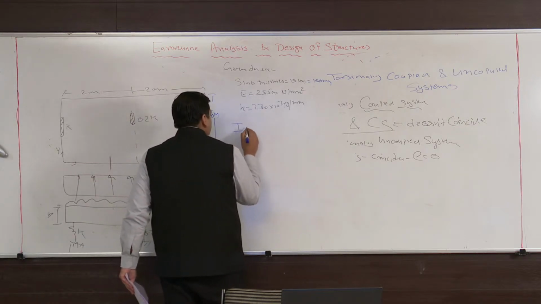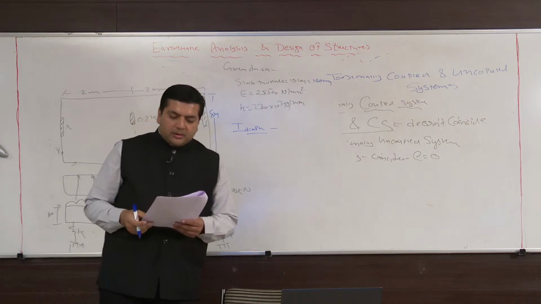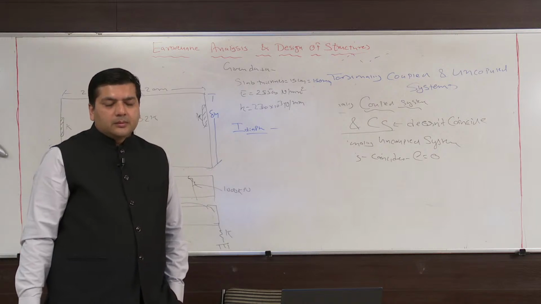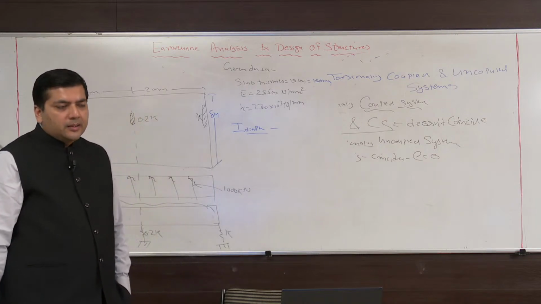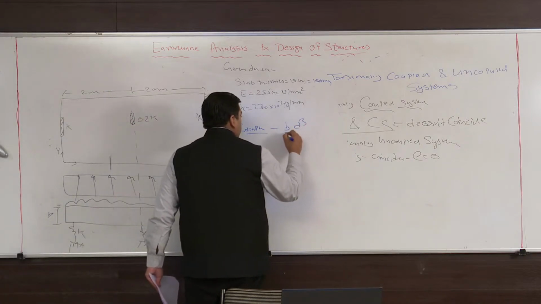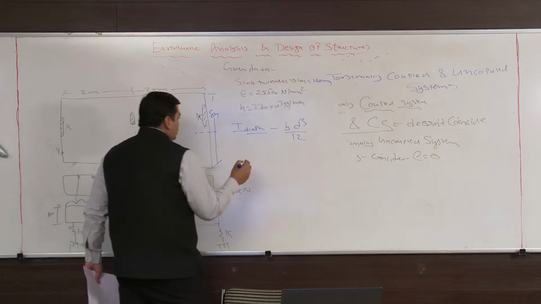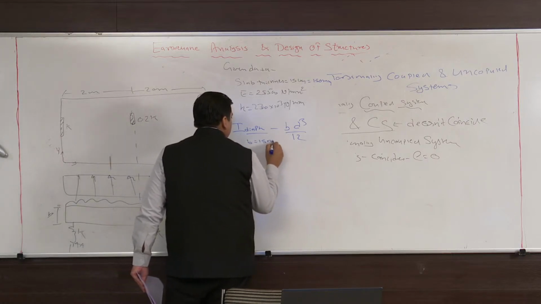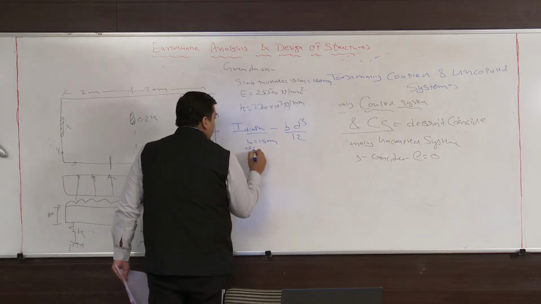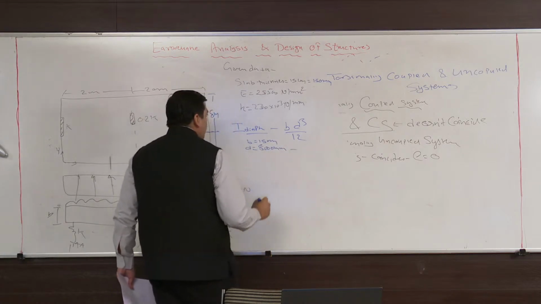I for diaphragm. What is the formula? B D cube by 12. B is 150, for diaphragm D perpendicular, D is 8000 mm. So calculate I.